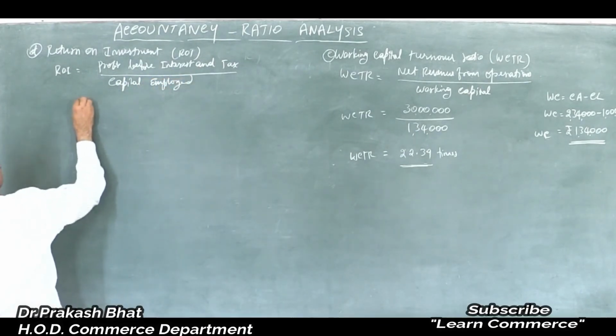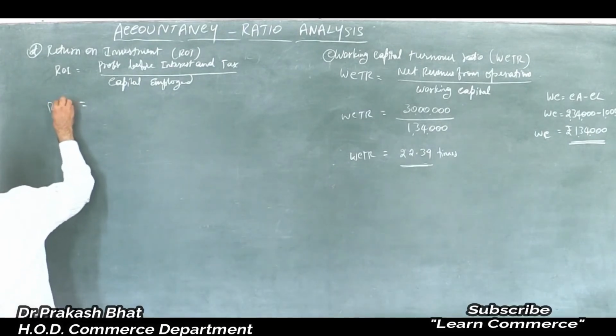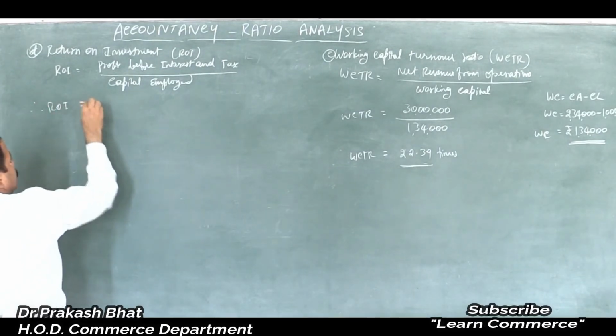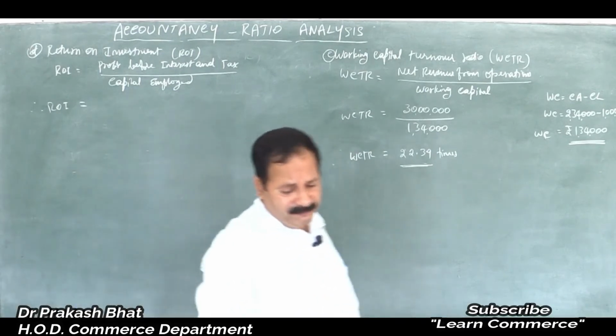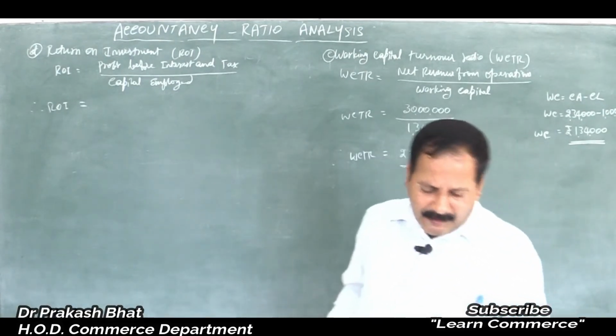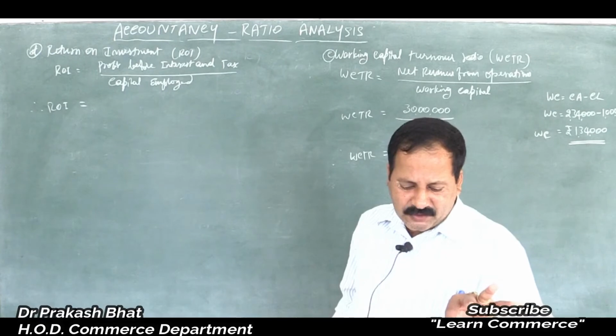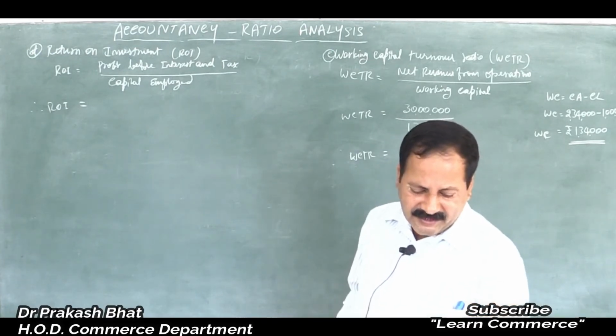Capital employed you have already calculated, am I correct? Capital employed is shareholders funds plus debentures plus long term loans, that is 10,84,000.